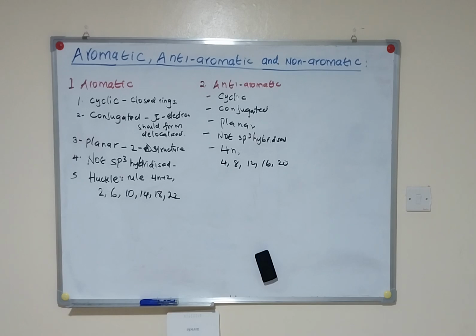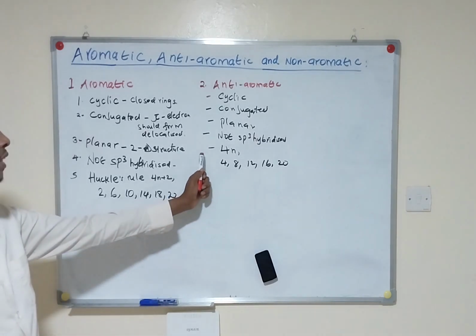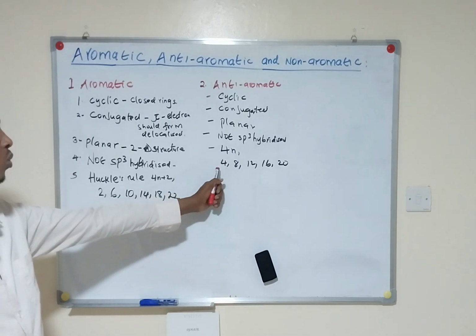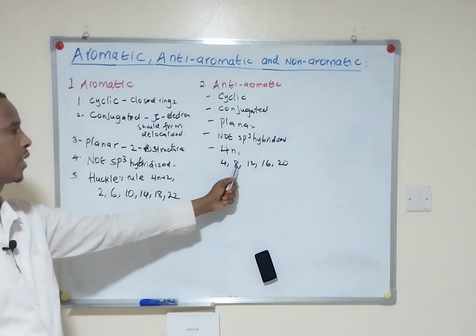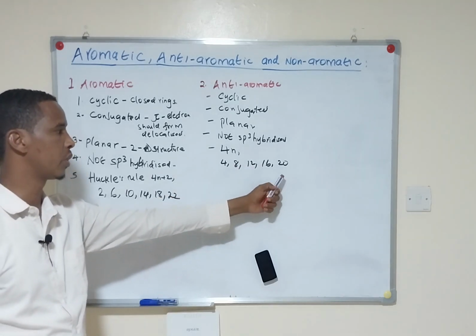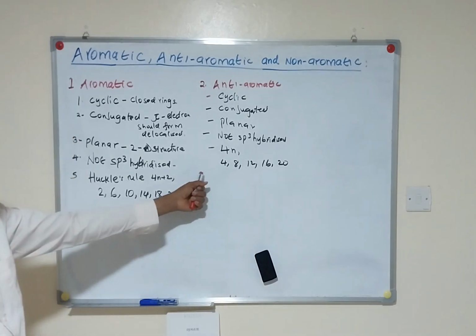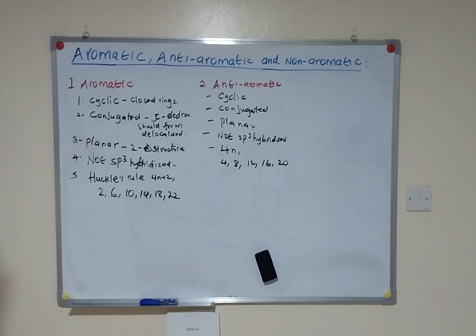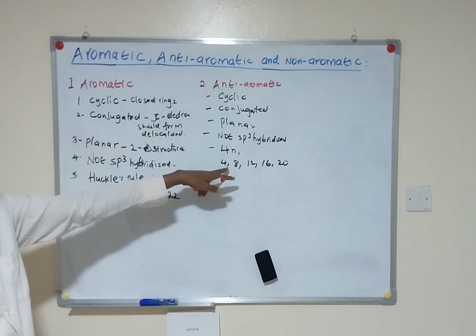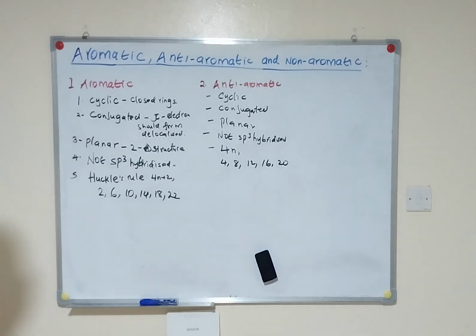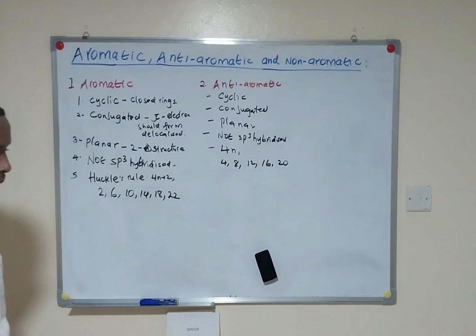So the 4n rule gives pi electrons of 4, 8, 12, 16, and 20. If you see these pi electrons, and the compound has the rest of the conditions, then the molecule is anti-aromatic.